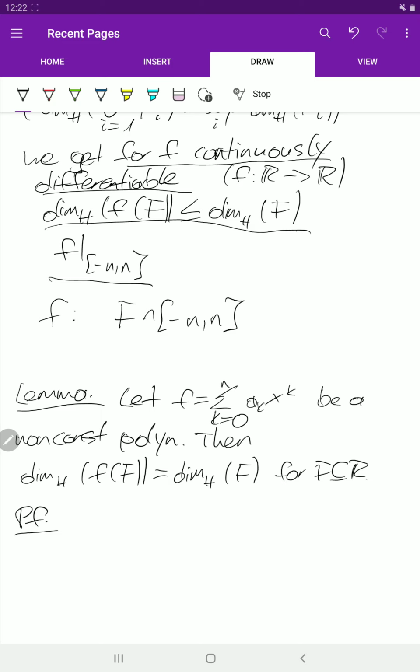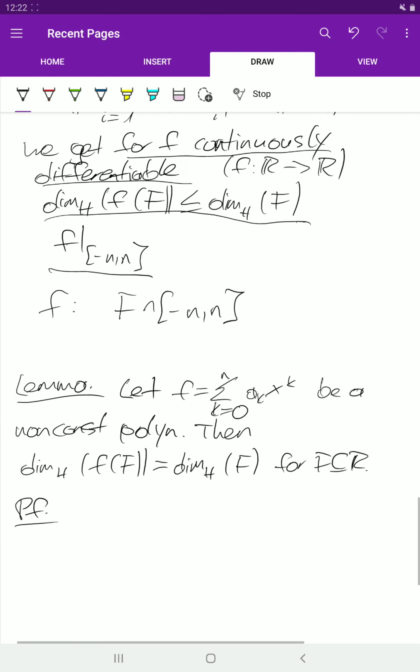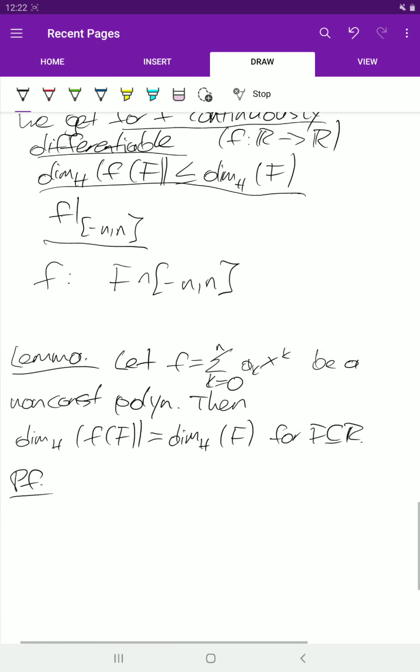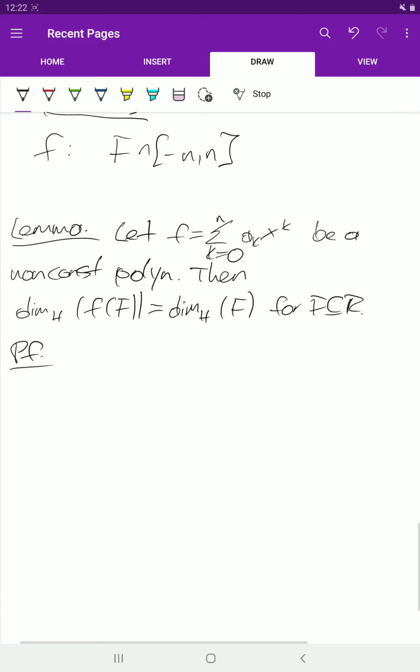So that's what we want, so that we get an equality here. And of course, one fact we need to get an equality is that for functions from the reals to the reals, the inverse of a continuously differentiable function is continuously differentiable again. So that's important. That's also a fact which is not in general true in higher dimensions.